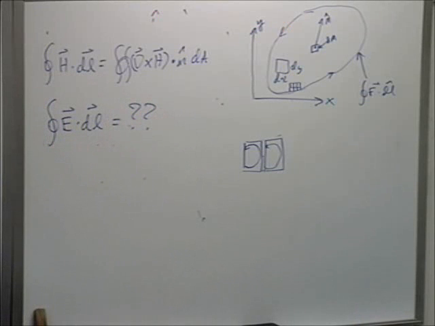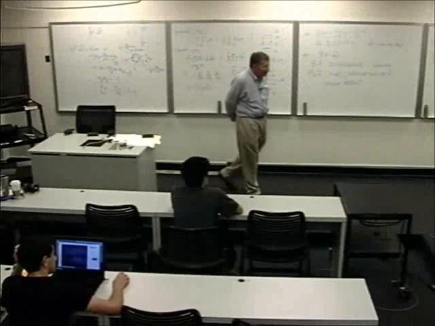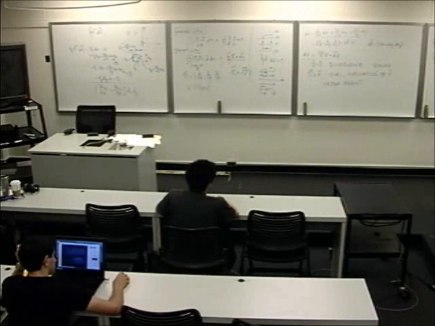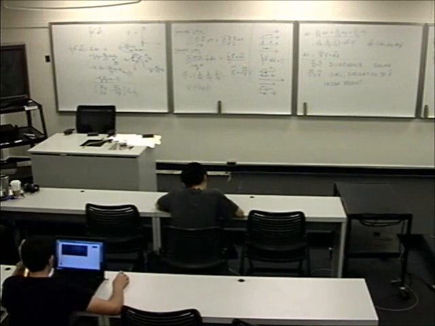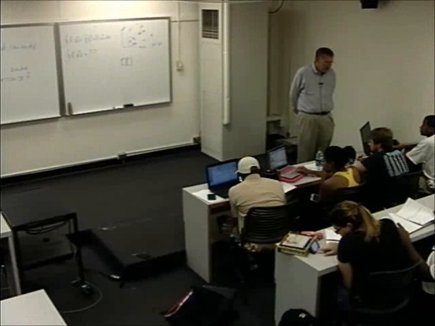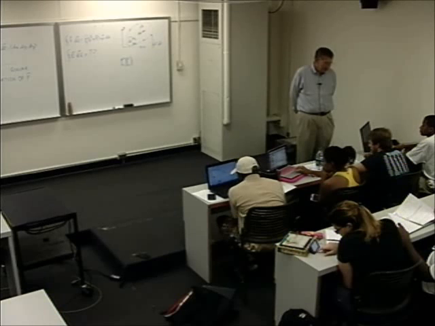What's the integral of V dot dl? What is it from Faraday's law? It's the time rate of change of the magnetic flux through the area, right? What is it if there's no time rate of change of magnetic flux? 0.